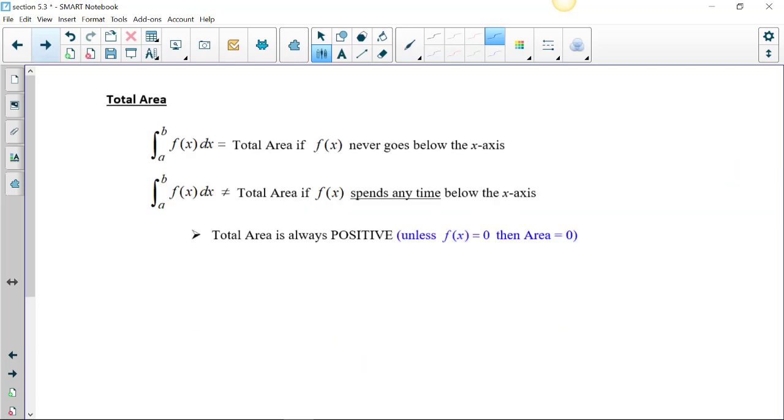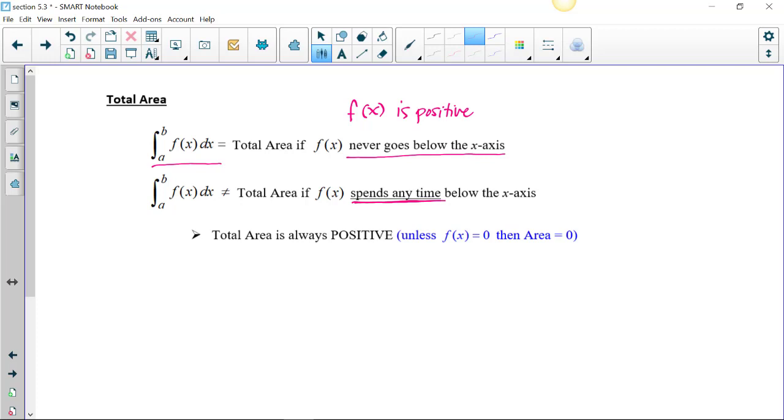All right, so what about total area? Well, total area will be the same as the value of the definite integral if my function never goes below, if the function is always positive. That will calculate the total area as well. But if the function is above and goes below at some point, then the definite integral is not the total area.